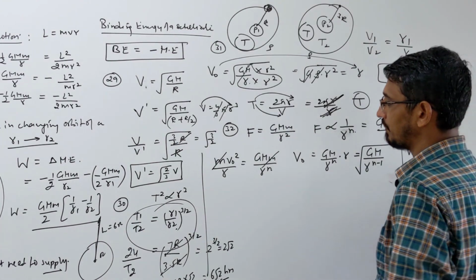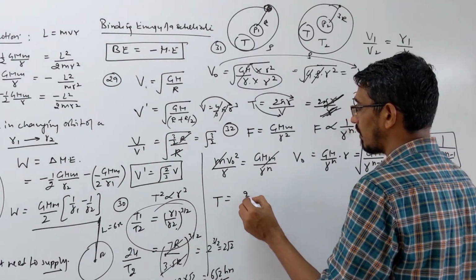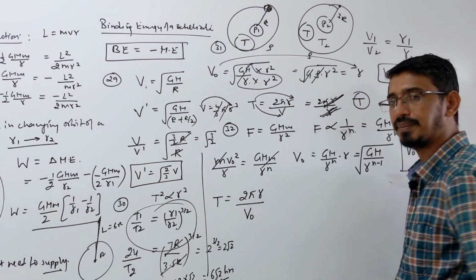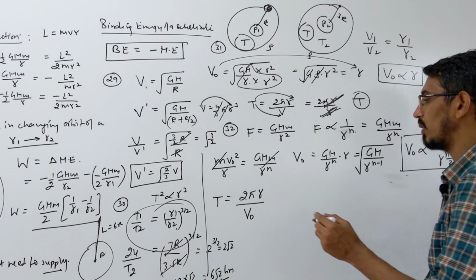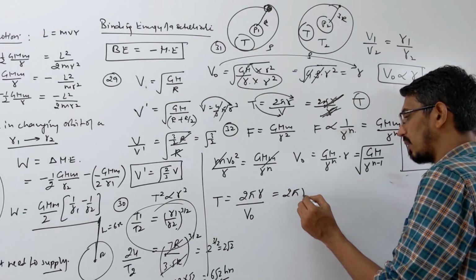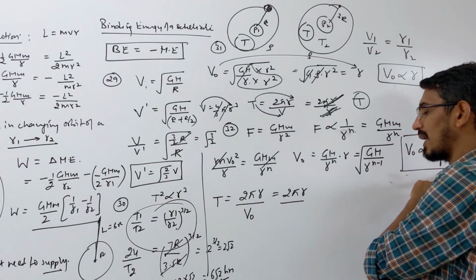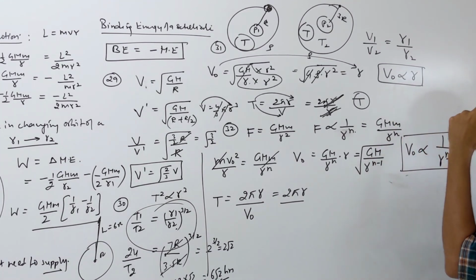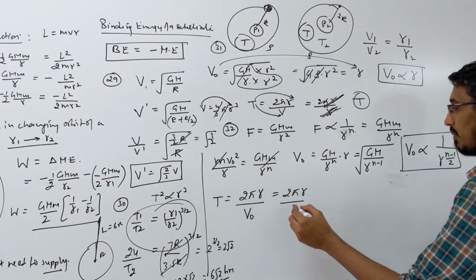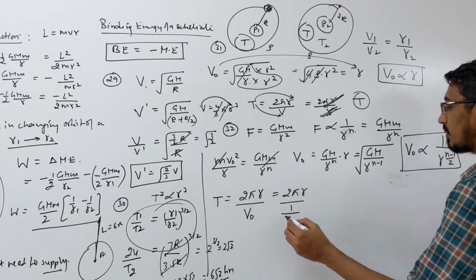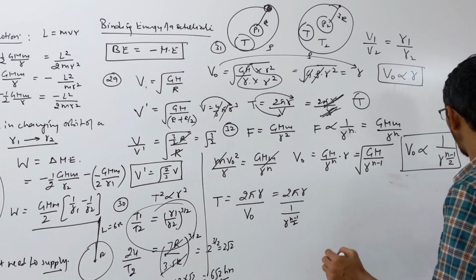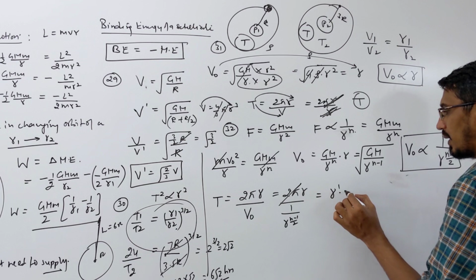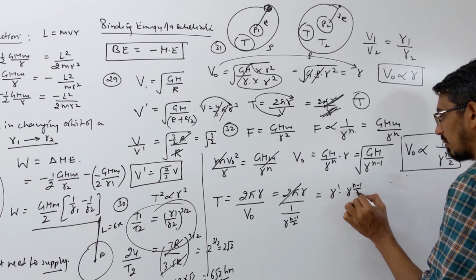Now let's talk about time. What is time? Time is 2 pi r by v naught. 2 pi r is okay, and v naught we have calculated, it varies that way. So it's 1 by r power n minus 1 by 2, which goes up, and we get r power 1 into r power n minus 1 by 2.